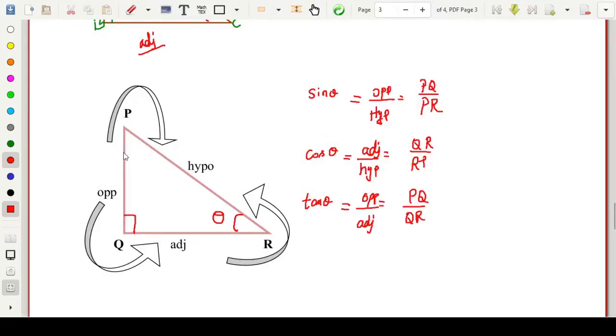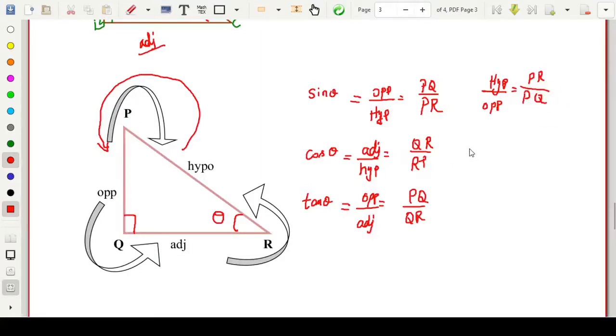See here, sine theta is opposite by hypotenuse. So let me write the reverse, that is hypotenuse by opposite, that is side PR divided by PQ.